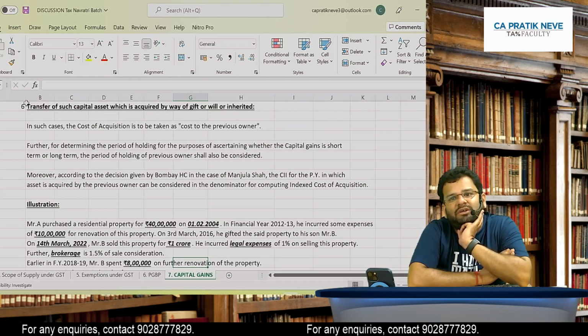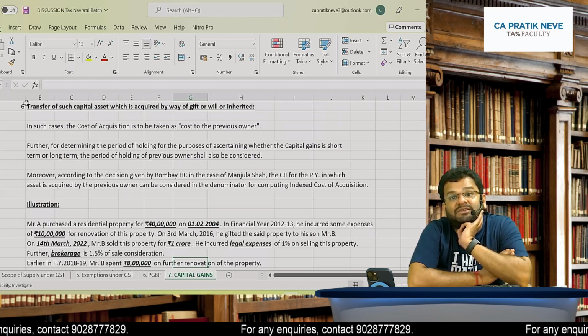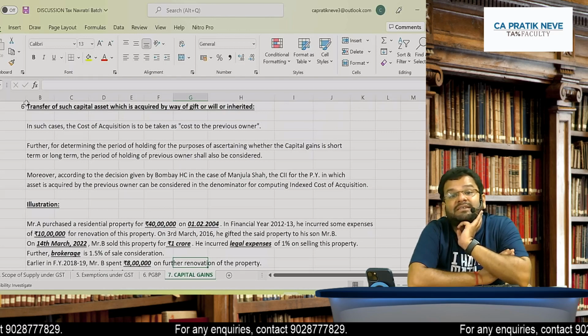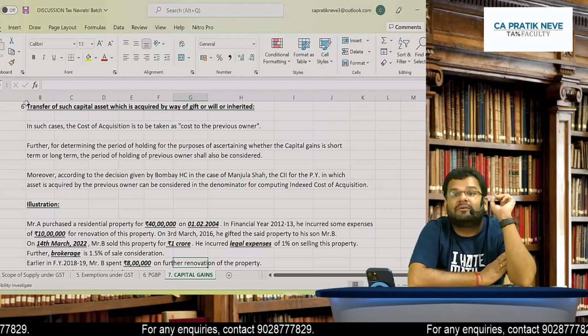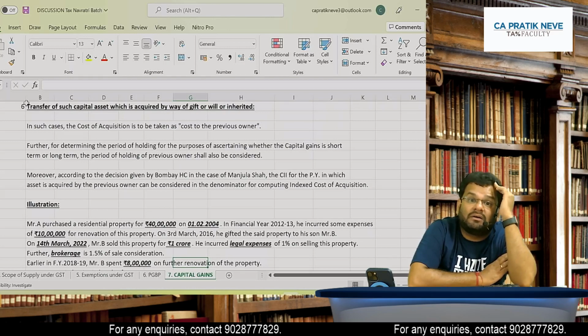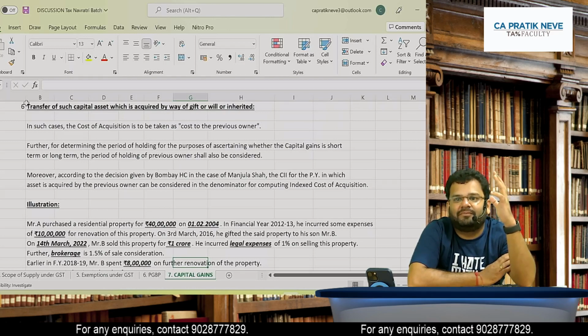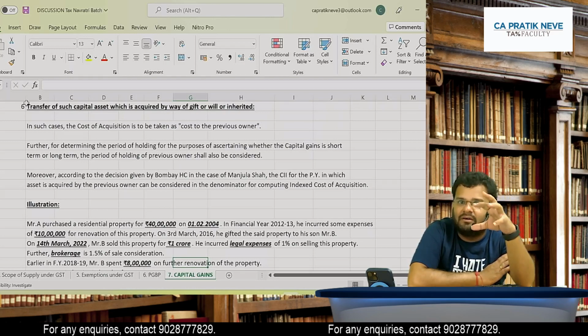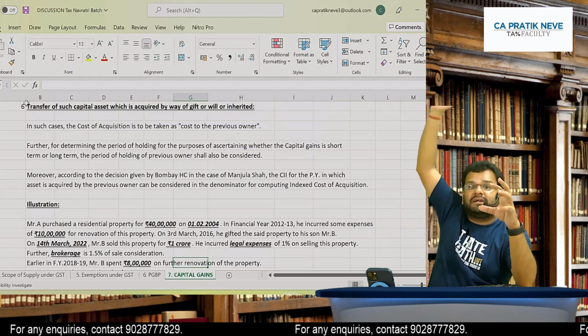Cost of acquisition into CII for the PY in which the asset is transferred, upon CII for the PY in which the asset is acquired. Acquired by whom? Acquired by Aditya or by Aditya's great grandfather?